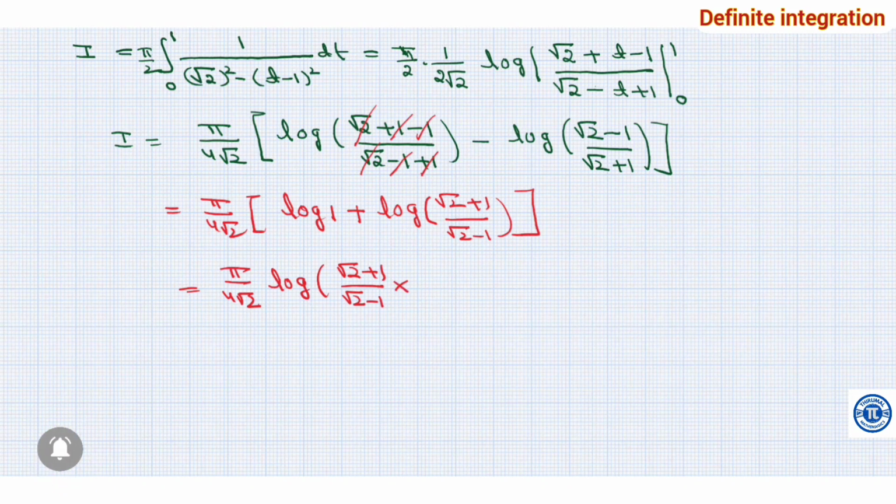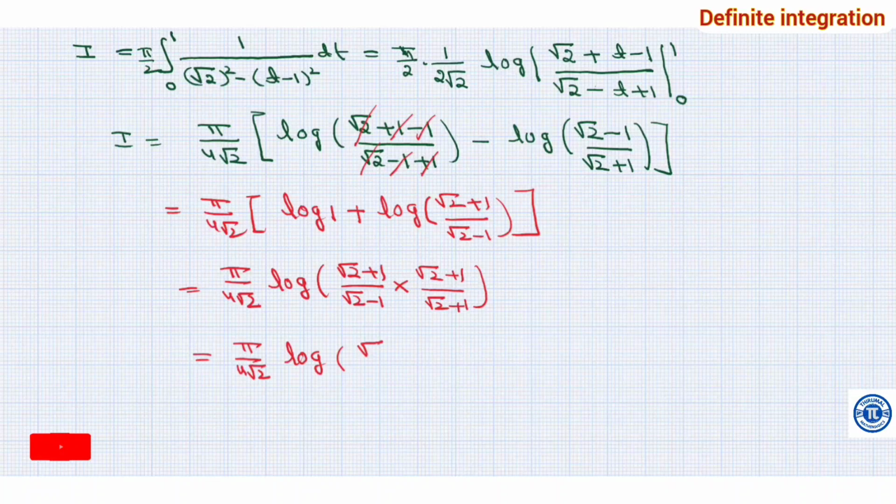Here rationalize the denominator, so multiply and divide by root 2 plus 1 by root 2 plus 1. Okay, it is equal to pi by 4 root 2 into log of root 2 plus 1 whole square by a minus b into a plus b, which is a square minus b square, is 2 minus 1, is 1.